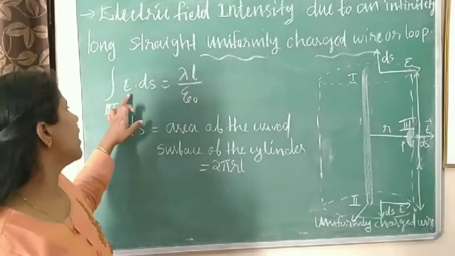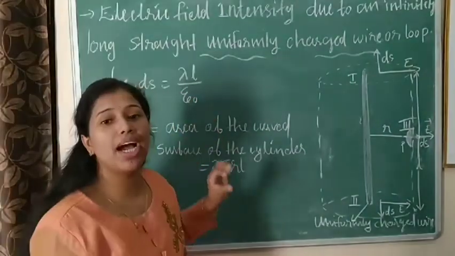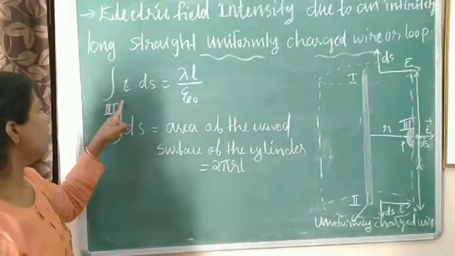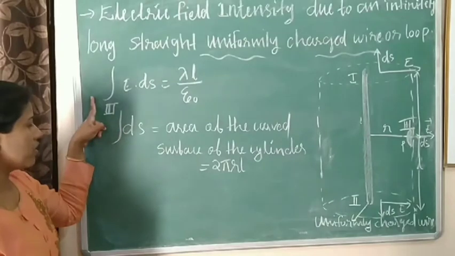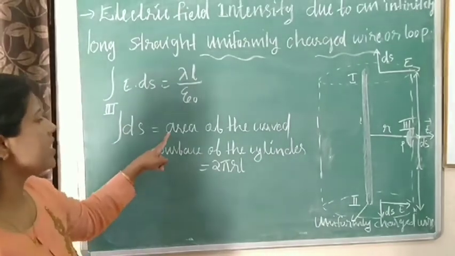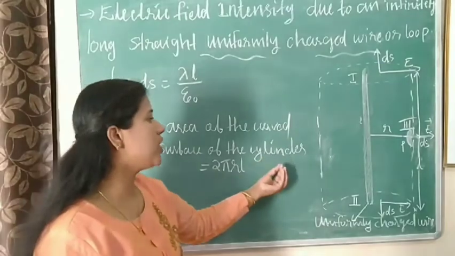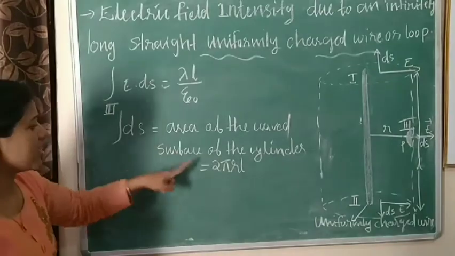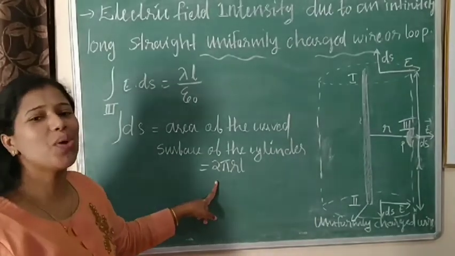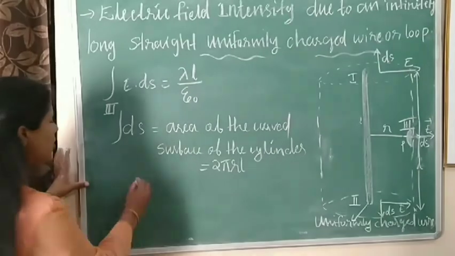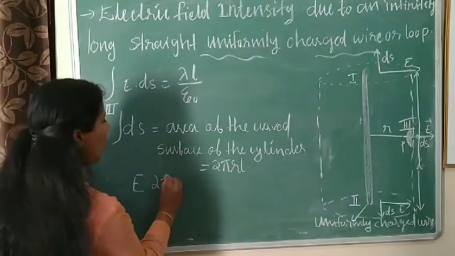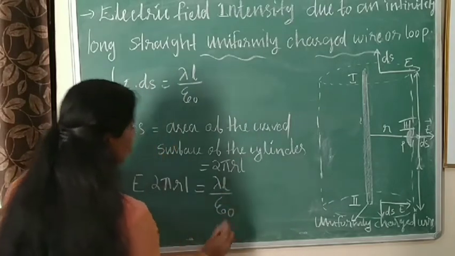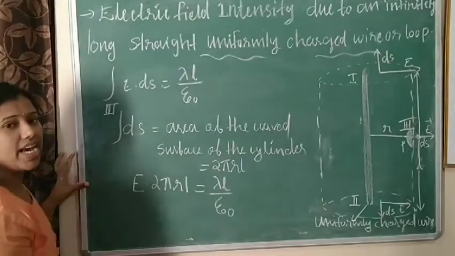Third case: integral of E dot ds is equal to lambda L divided by epsilon naught. Here E we can take outside, then integral ds means the area of the curved surface of the cylinder, that is 2 pi r L. Instead of integral ds we substitute 2 pi r L. Then E into 2 pi r L is equal to lambda L divided by epsilon naught, where r is the radius and L is the length.